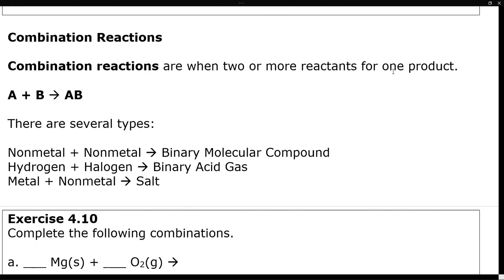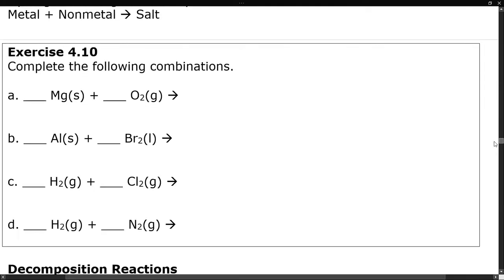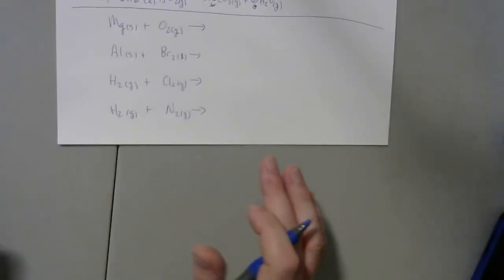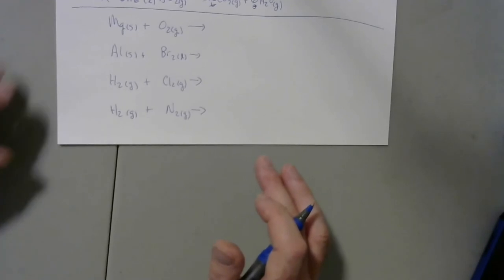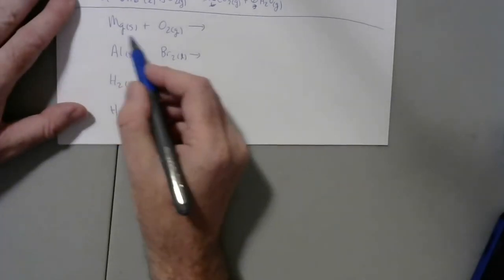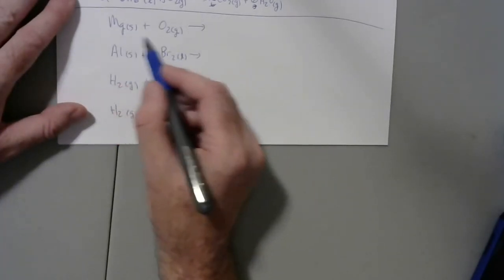You can have 2 nonmetals to form a binary molecular compound, hydrogen and a halogen to form a binary acid gas, and a metal and a nonmetal to form the proper salt. So let's look at a couple of those. If I've got a metal and a nonmetal, I'm going to form the proper salt.